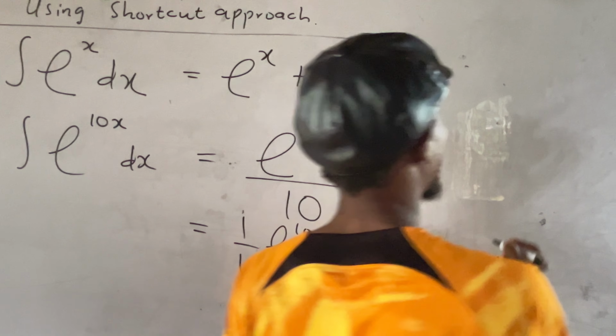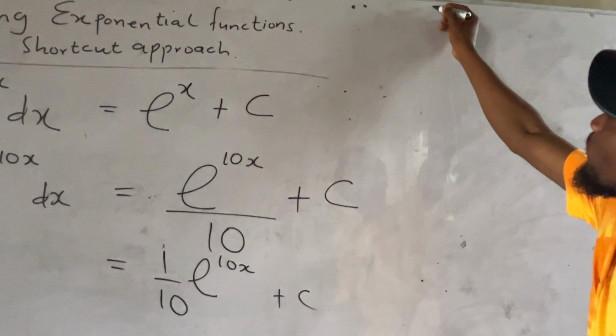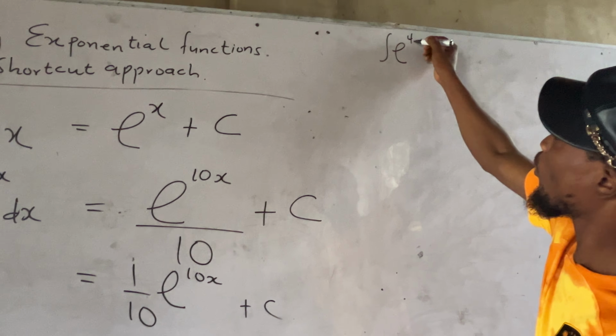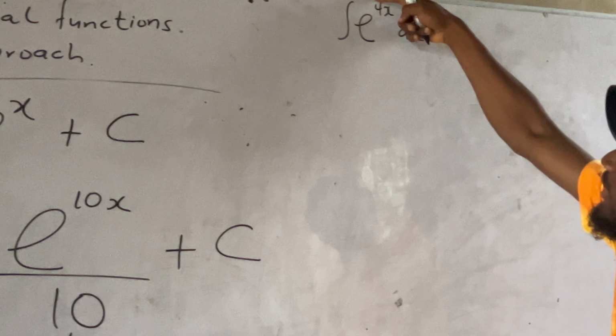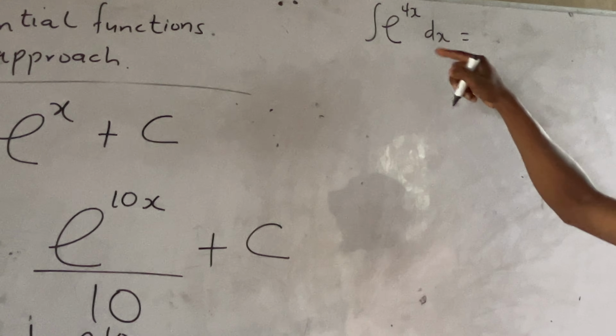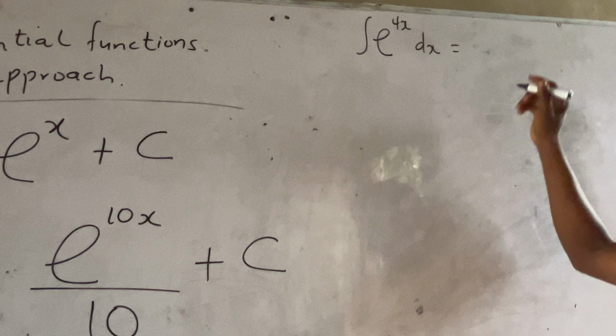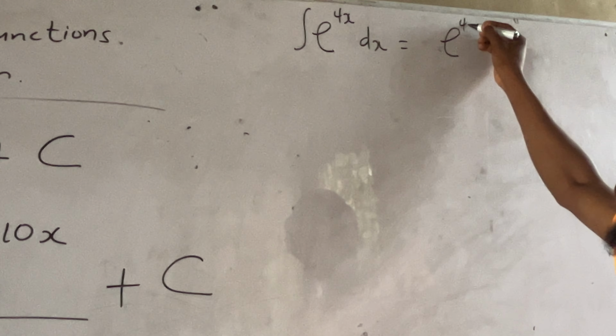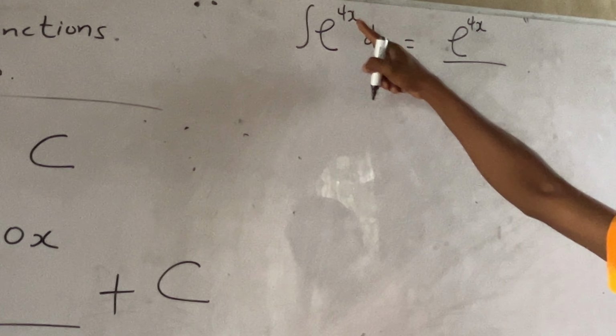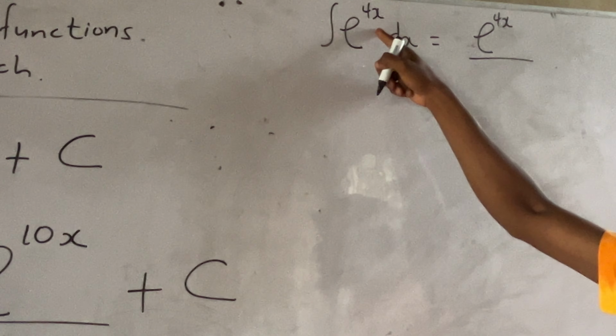Let's consider another example. We have exponential 4x dx. You just repeat the same thing, copy and paste. So you have e to the 4x, then all over 4, since when you differentiate 4x, we have 4.